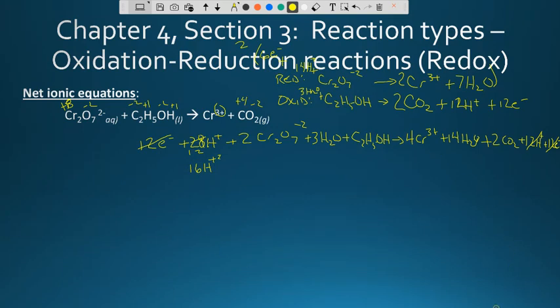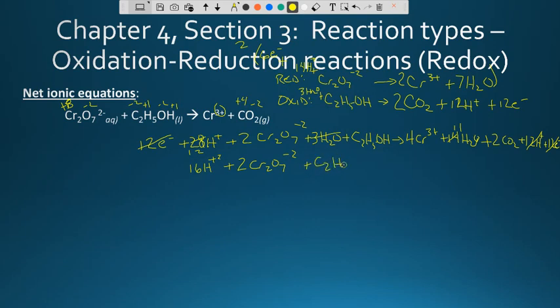Then if I rewrite everything, it looks like I'm done. I have 3 waters here, and 14 waters on this side, so I can cancel out 3 of those. That gives me 11.